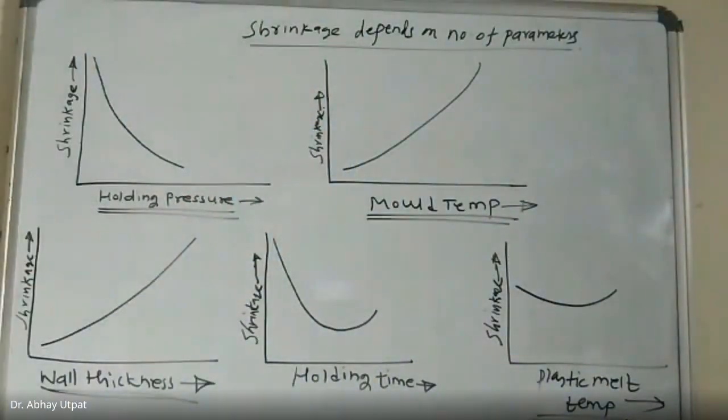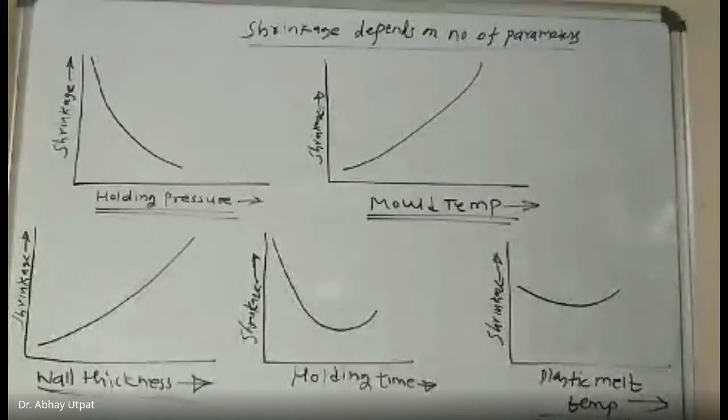I repeat, these are the 5 parameters for shrinkage. First one is holding pressure. As holding pressure increases, shrinkage decreases. Second is mold temperature. As mold temperature increases, shrinkage increases. Wall thickness. As wall thickness increases, shrinkage increases.